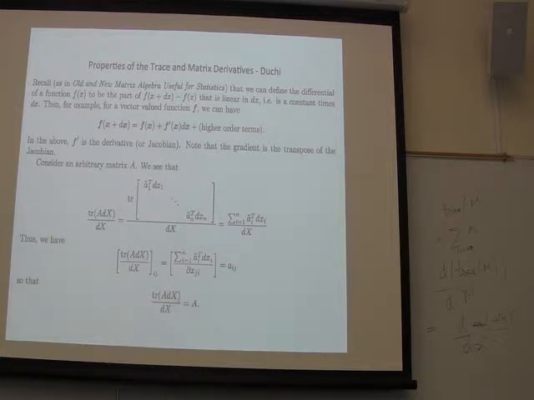So the differential is going to be the sum of the partial derivative of f with respect to xi times dxi.